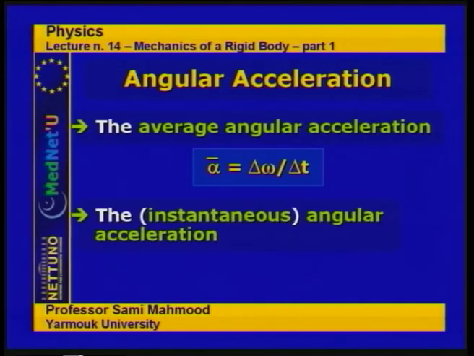The instantaneous angular acceleration, or simply the angular acceleration alpha, is determined as usual by taking the limit of delta omega over delta t as delta t goes to 0, in which case this quantity is transformed into the derivative of omega with respect to t, d omega by dt.